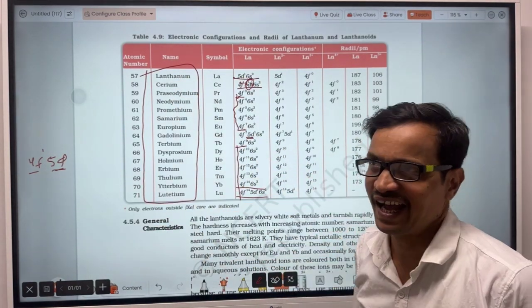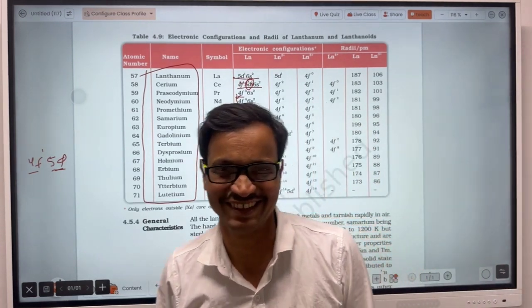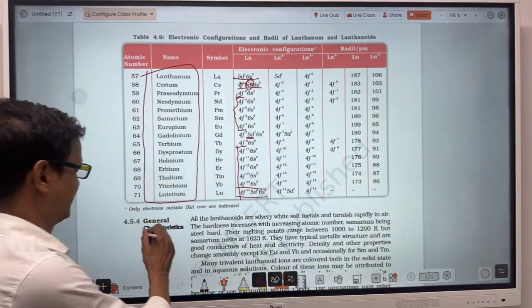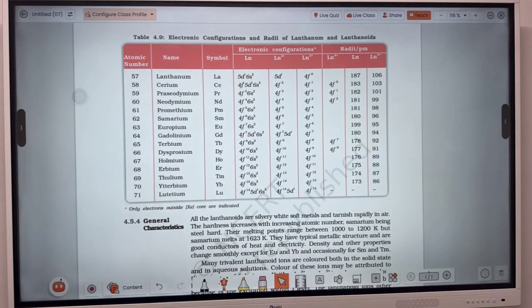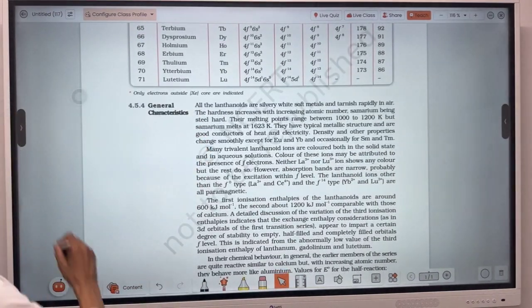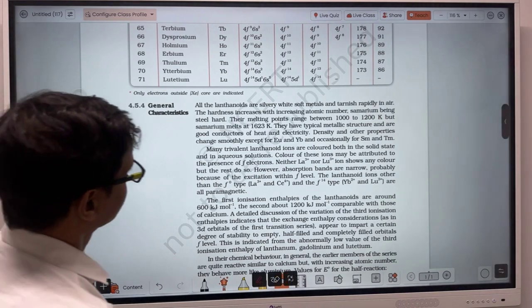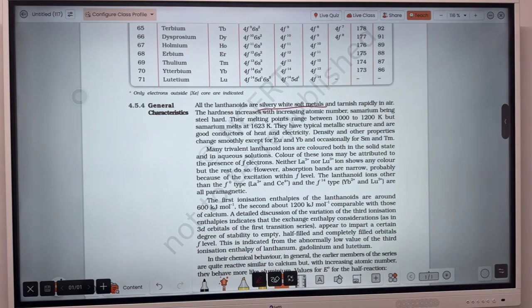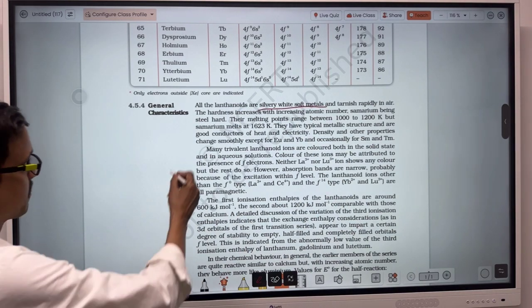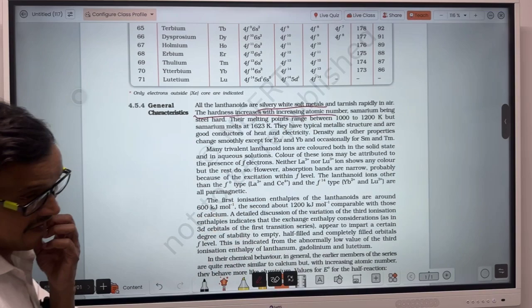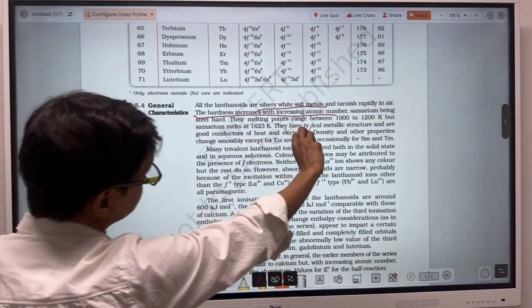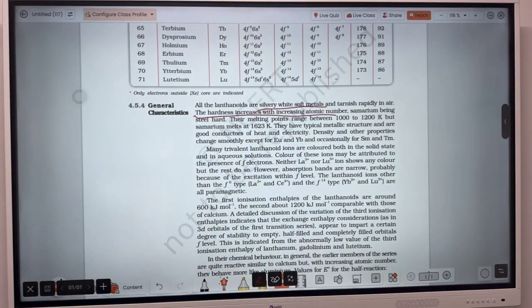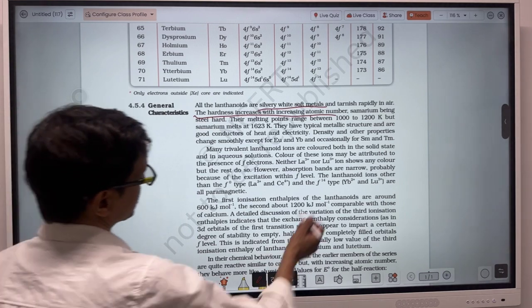The names of the elements you will have to mug up. In the names I cannot do anything. Okay, now let's see the general characteristics. One of the general characteristics is that these lanthanoids are silvery white soft metals, and their hardness increases with increasing atomic number. Keep in mind that they are silvery white soft metals, their hardness increases, and samarium is very hard.